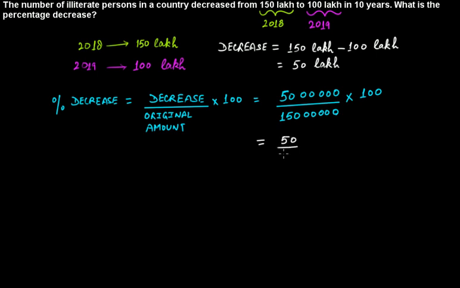So if you solve this, it becomes 50 over 150 times 100, and if you further solve it, you get this common factor, 5, 3. This comes to something around 100 over 3.